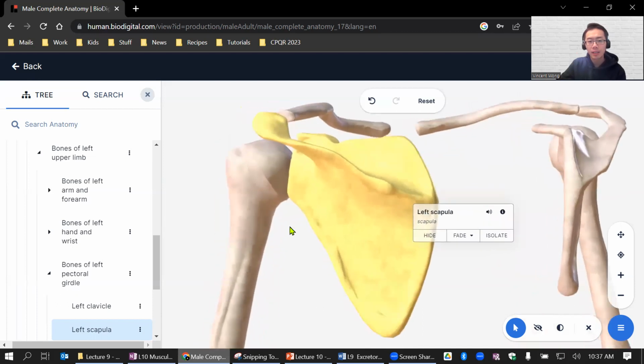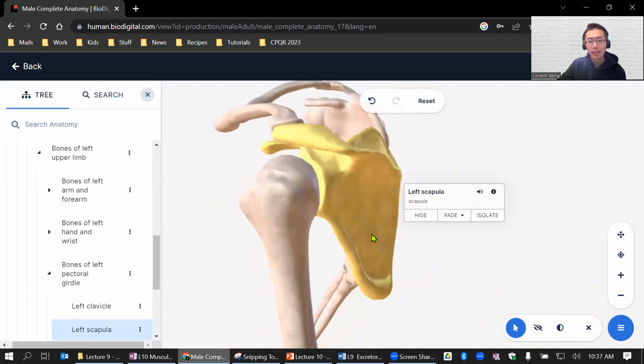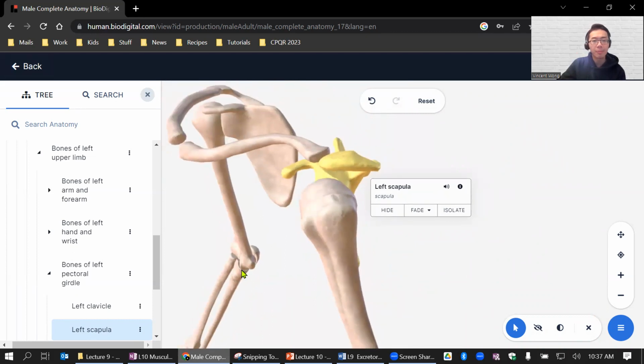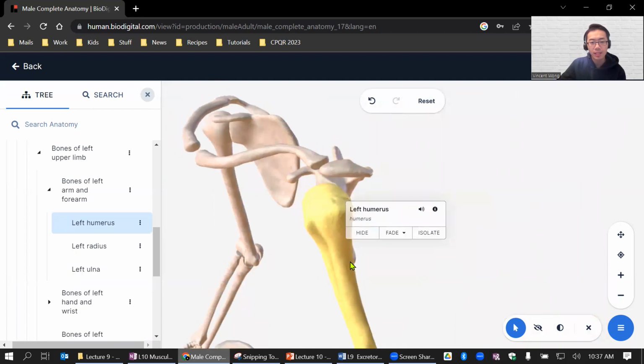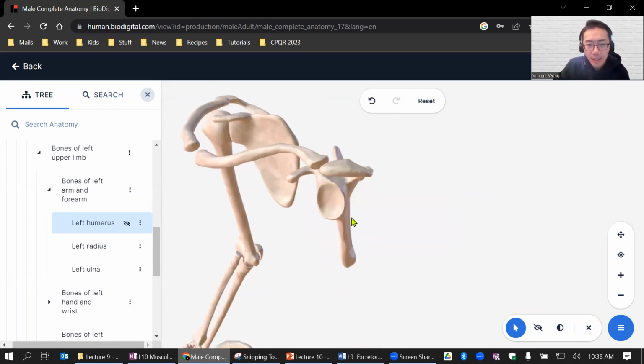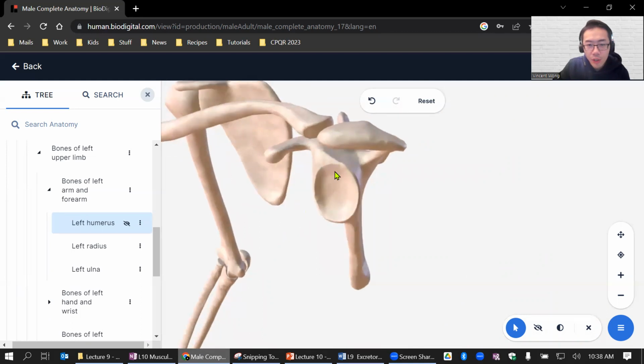Now, what I do want to talk about is on the lateral side of your scapula, there is a groove. So this here is the humerus, right? Right here at the bone. Let me just take that out. You can see there is a socket for the humerus to connect to.